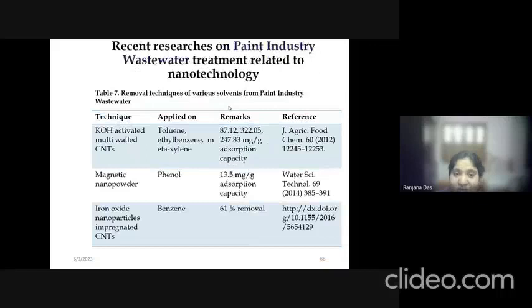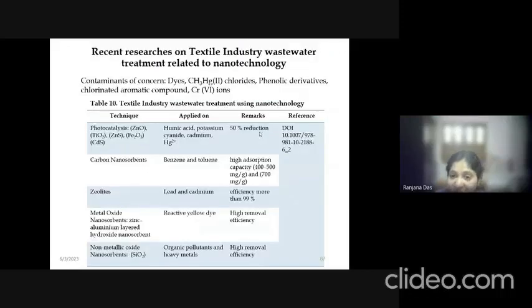Only we have to think how we can remove, and only we have to design the nanomaterial desired for the treatment of the effluent before the discharge to the aquatic body or to the environment, so that the polluting nature of the effluent can be reduced, and in this way we can preserve our water bodies.